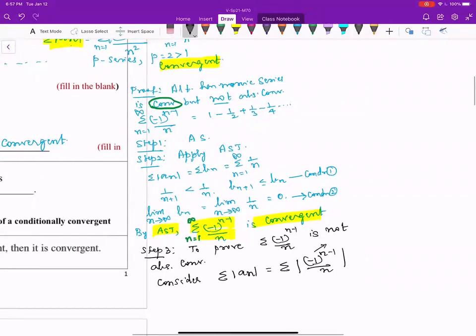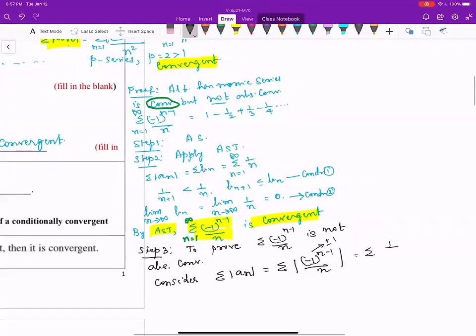As negative 1 to the power n minus 1 is only plus or minus 1, when you take the absolute value of it, it will be just sigma 1 over n, which is the harmonic series.